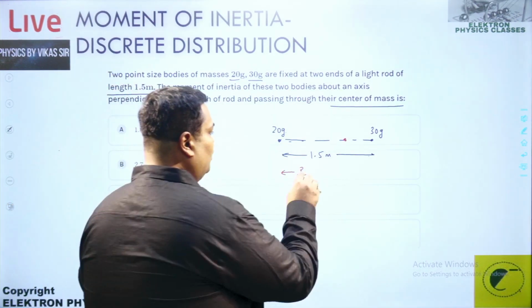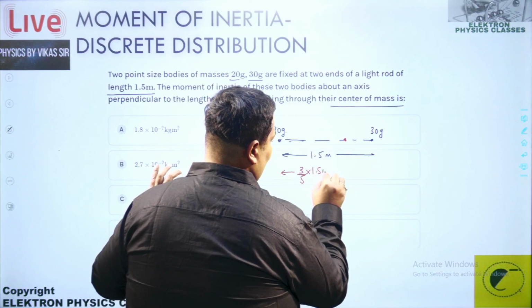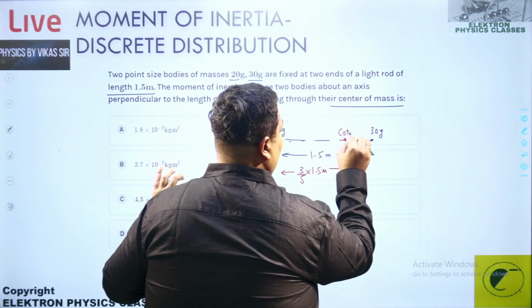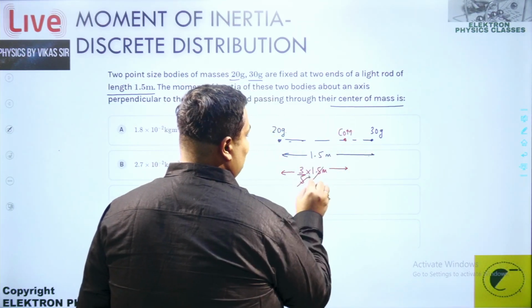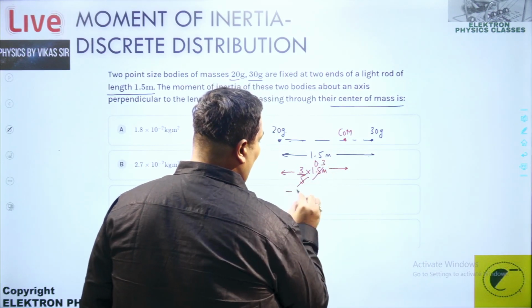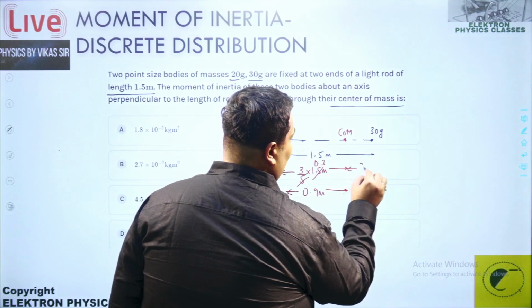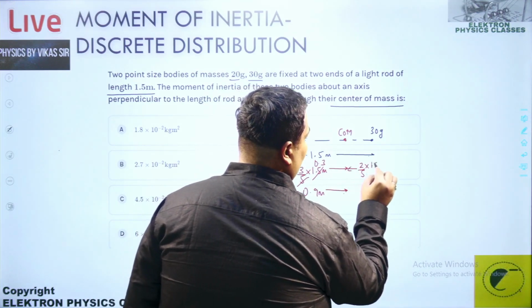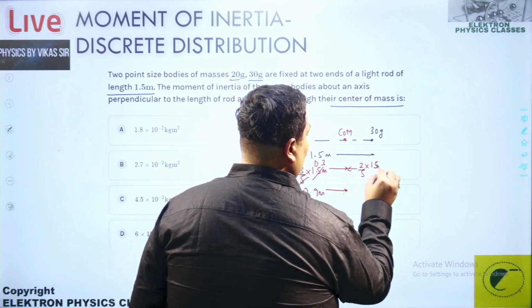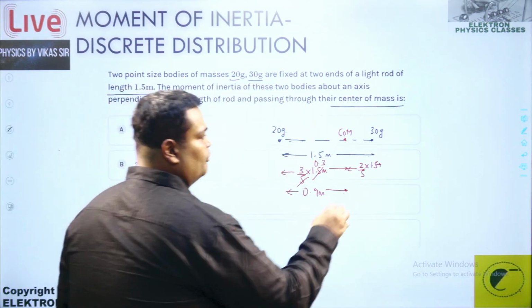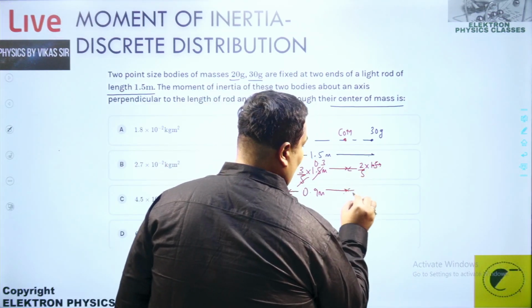So 3/5 of 1.5 meter is the location of the center of mass from here. That is 0.3 into 3, so 0.9 meter. The remaining distance becomes 2/5 of 1.5, so that's 0.6.